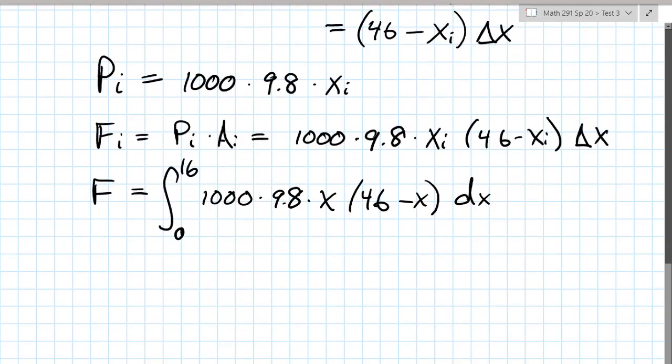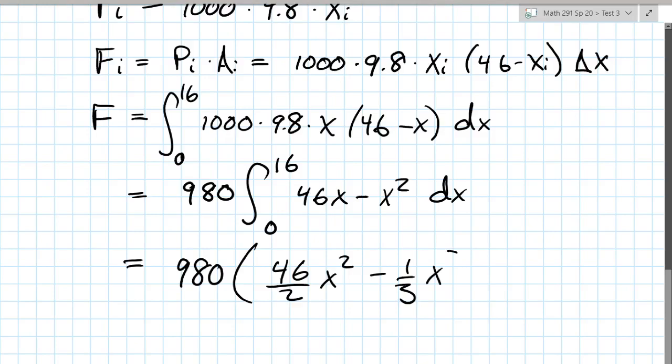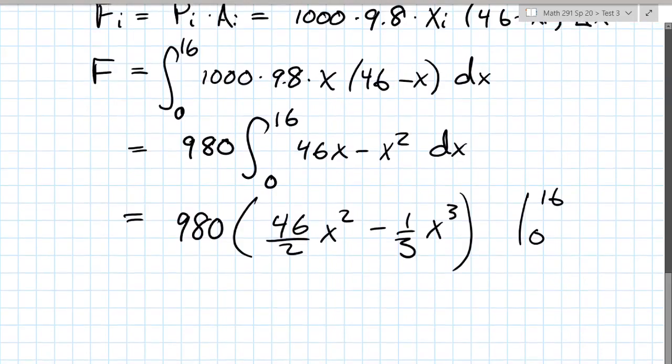Notice we can factor out some constants here, giving us 980 times the integral from 0 to 16 of 46x minus x squared dx, which is not a very hard integral considering some of the stuff we've had to do lately. 46 over 2 x squared minus 1/3 x cubed from 0 to 16, and that works out to approximately 4.43 times 10 to the 7, and the units are force, so we're dealing with newtons here.